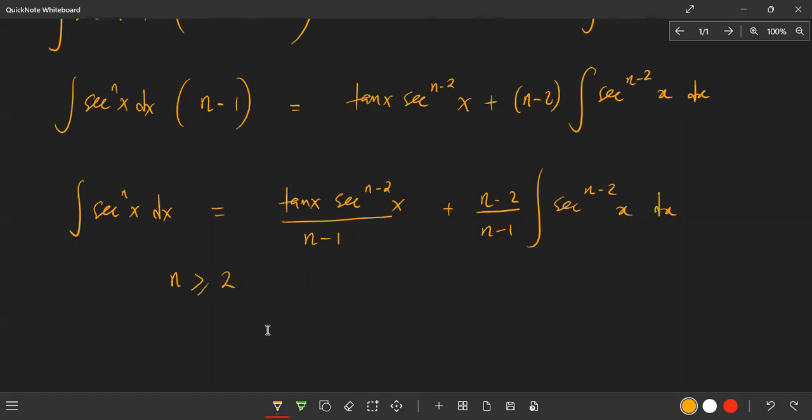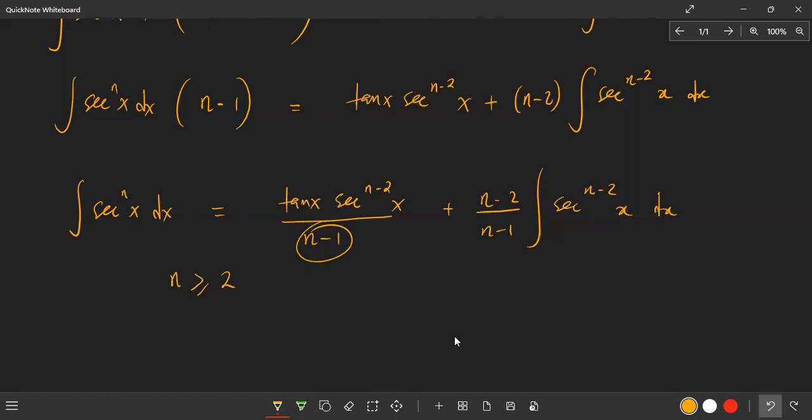Do you know the reason why that's the case? The denominator here, you want to make sure that the denominator is not equal to 0, right?